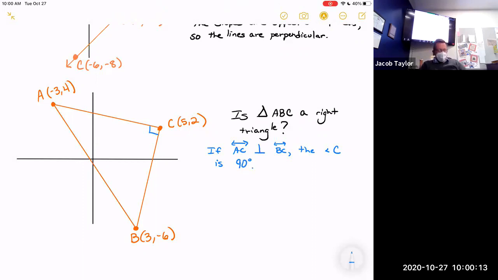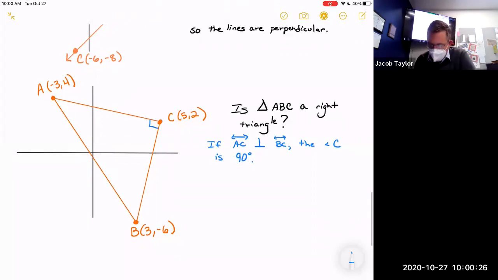So it has to be 90 degrees, a right triangle. So let's find the slope of CB and the slope of CA.